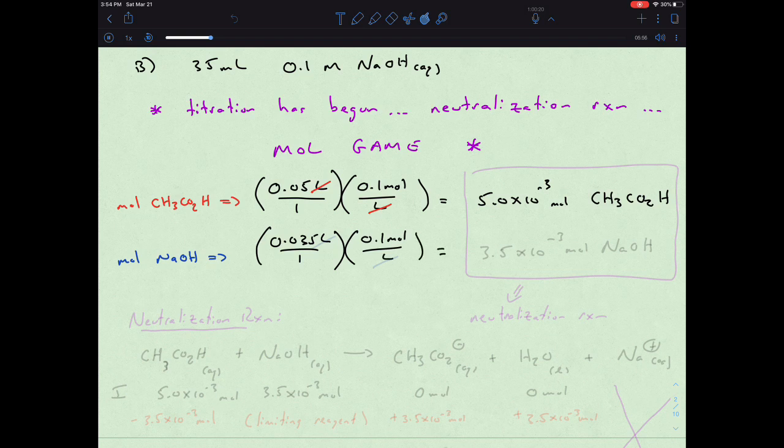And so we end up with 3.5 times 10 to the negative third moles of our sodium hydroxide. So that is what we are now using in terms of the neutralization reaction.